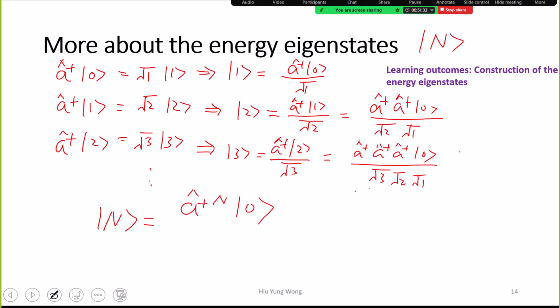Of course, you get A dagger to the power n, right? And then, of course, you need to normalize it by square root n factorial. Make sense? So that's just an exercise. Any questions?